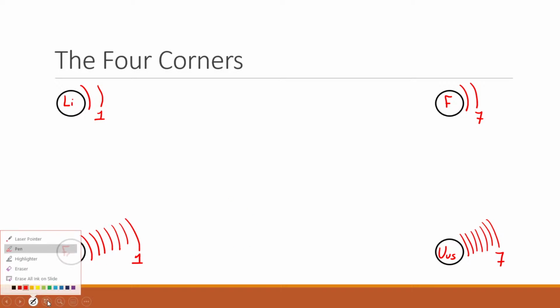Now when we talk about ionization energy, we're looking at which one of these elements is easy to take away an electron from, and which ones of these elements is difficult to take an electron away from. And first, if we're talking about losing electrons, two of these elements are very obviously ones that would want to lose electrons.